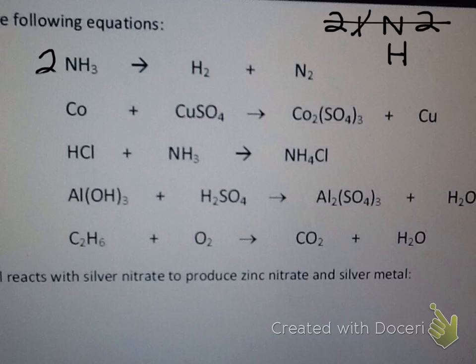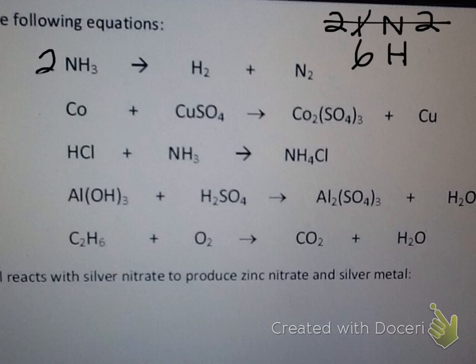Okay, let's go to the hydrogens now. How many hydrogens do I have on each side? Because I've got the coefficient 2 in front, that applies to the entire molecule of ammonia. So I've got 2, and how many hydrogens in ammonia? Times 3. So 2 times 3 is 6. I've got 6 hydrogens on my reactant side.